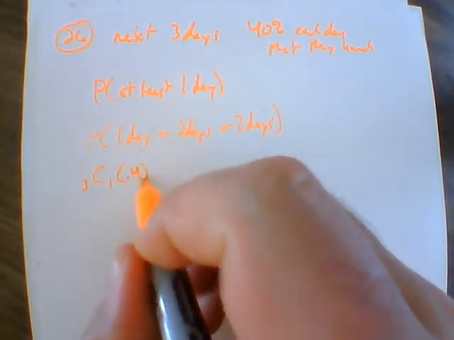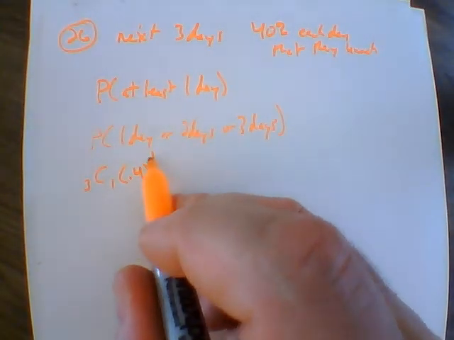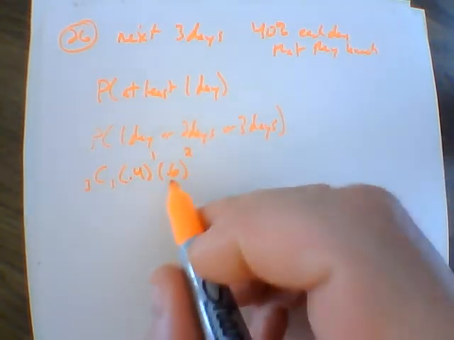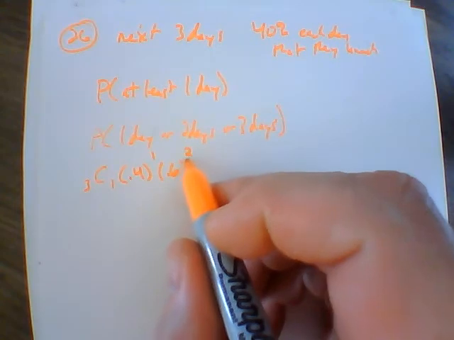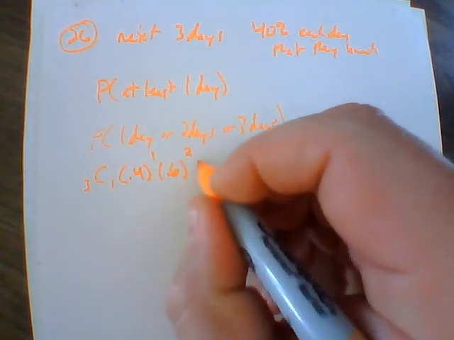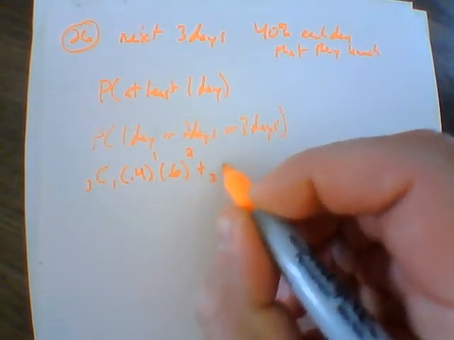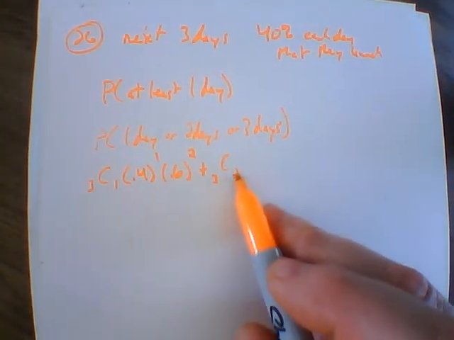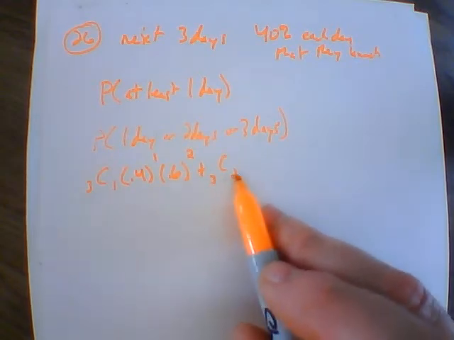Now, we have a 40% chance that it's going to be suitable, leaving us a 60% chance that it's not suitable. And once again, we have 2 of those days that's here. Plus, if we look at 2 days, we could have 3 combination 2. We have different combinations of how we can have 2 days that would be suitable.